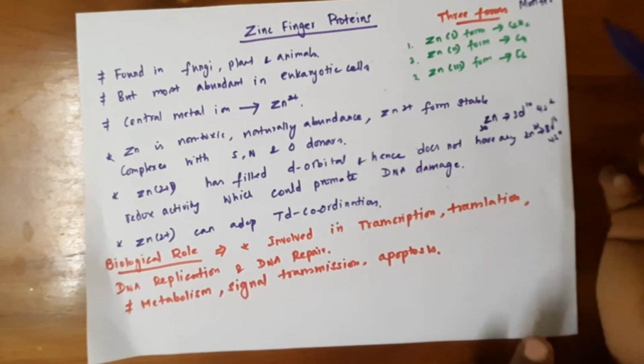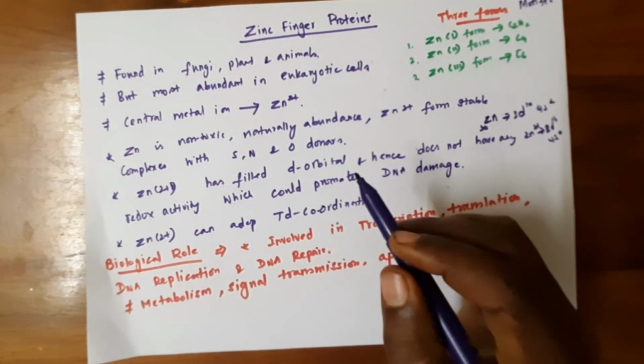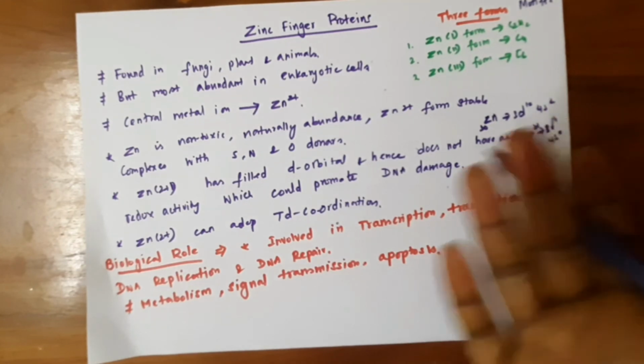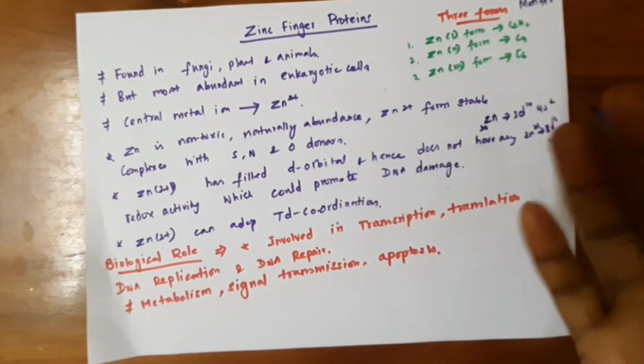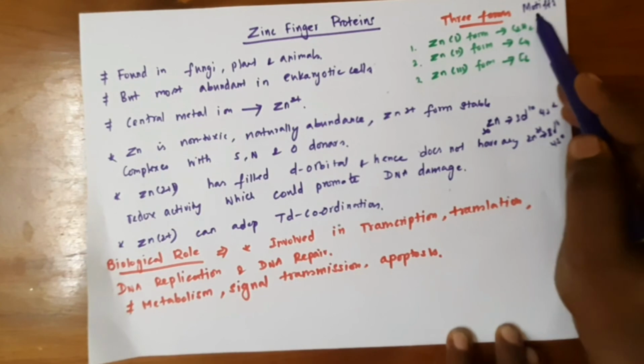Motif means the zinc is able to bind with all parts of the protein molecule. If a protein is made up of alpha helix, beta sheet and loops, this zinc can bind with the alpha helix as well as the beta sheet and the loops of the entire protein. So the zinc can bind with all parts of the protein molecule, and that is why it is called zinc motifs.